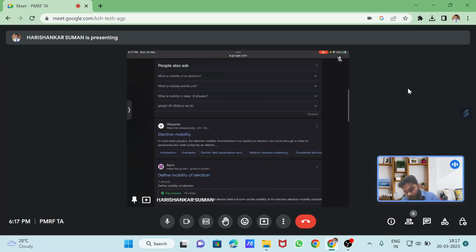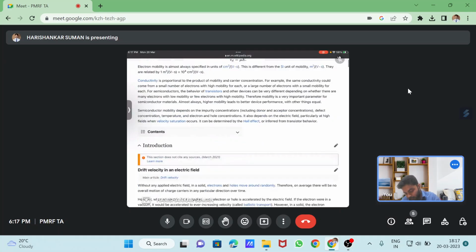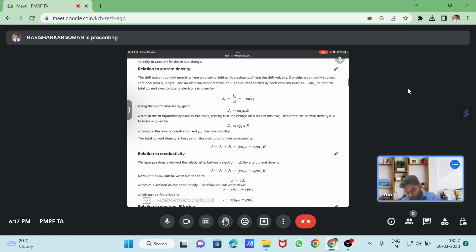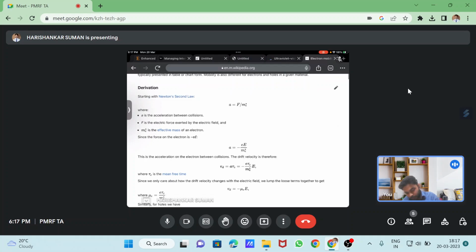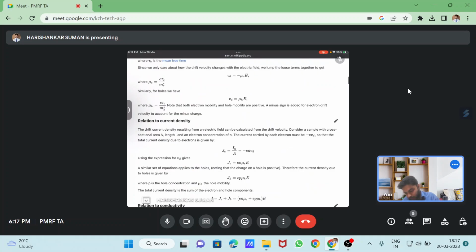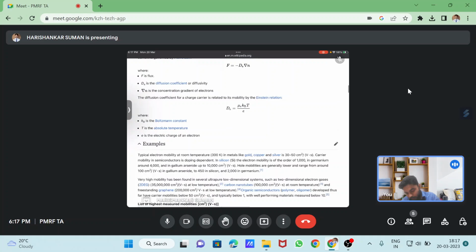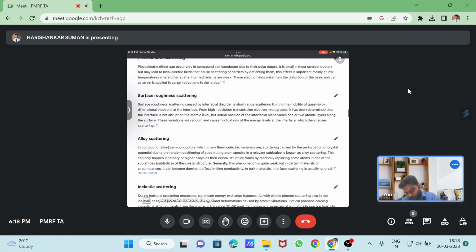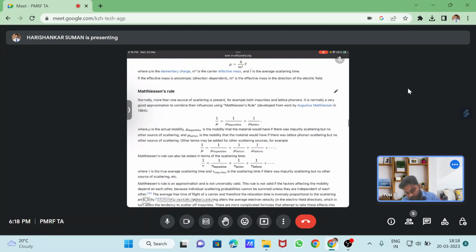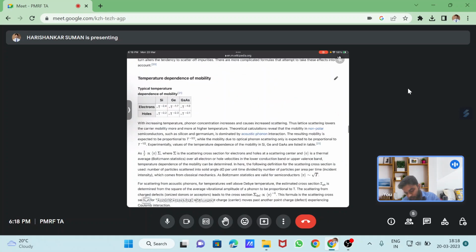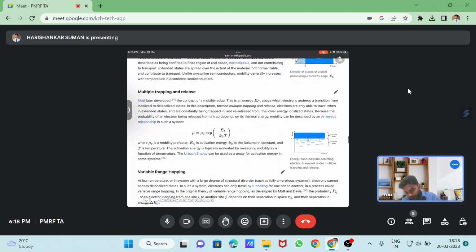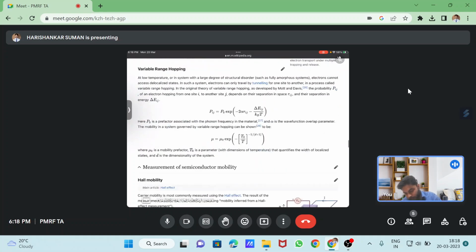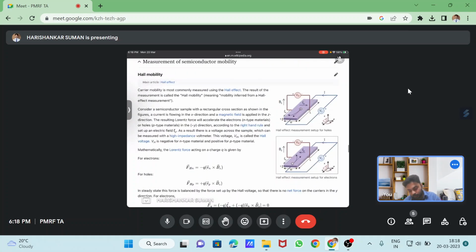There is the explanation, everything is given, with the derivation and relations. It is related to the time period. Mobility is also related to diffusion.